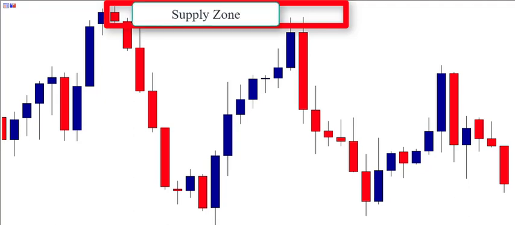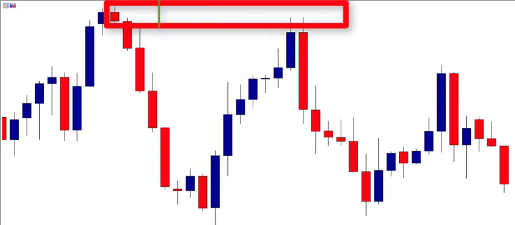This zone is your risk. I mean the pips between the distal line and the proximal line is your risk. Because when the market retraced back to test the zone and when you get a good entry signal, you will enter the market and you will place your stop loss just above the distal line. The reward is the distance between the proximal line and the profit target.